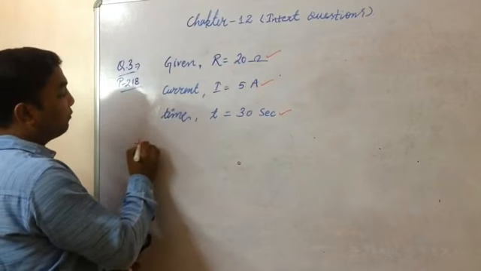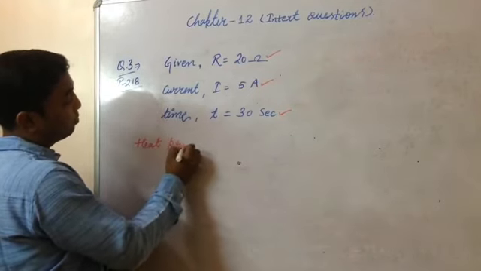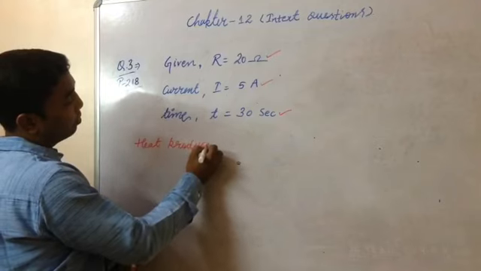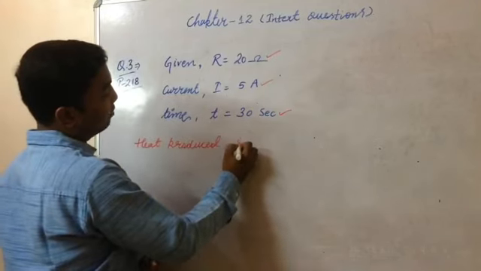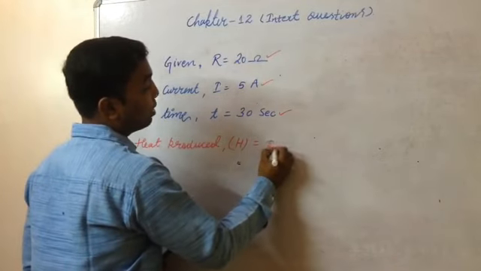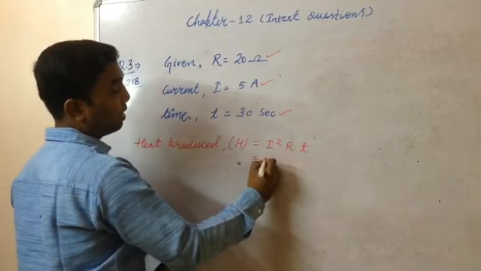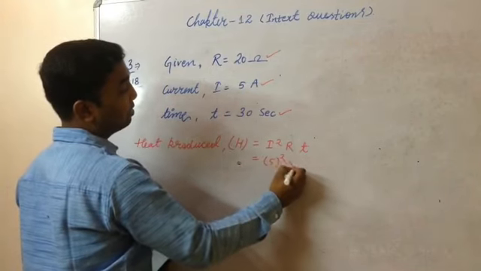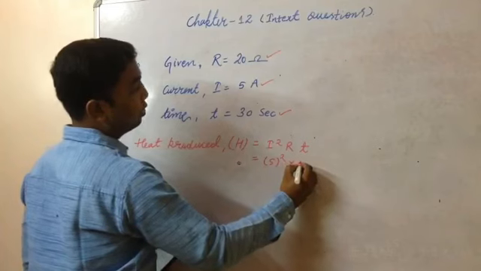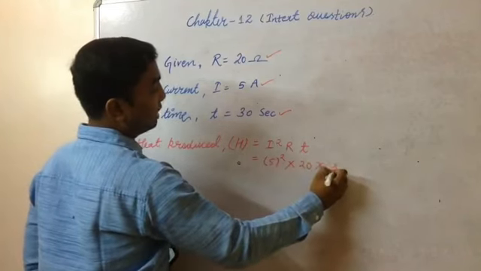And we know the heat formula. What is the formula of heat produced? H equals I squared R T. So now 5 squared we will write. Then R, what is R? 20 ohm. And time is 30.